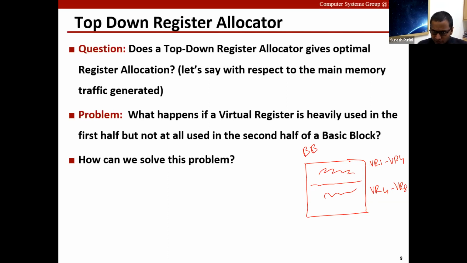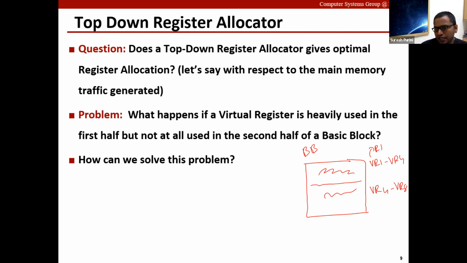But what we do is we are allocating physical registers to virtual registers at whole basic block level granularity. That is, once VR1 is allocated, let's say, register R1, even in the second half when VR1 is not really used, the R1 register is still bound to VR1.